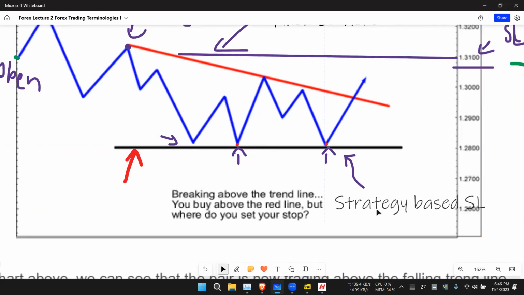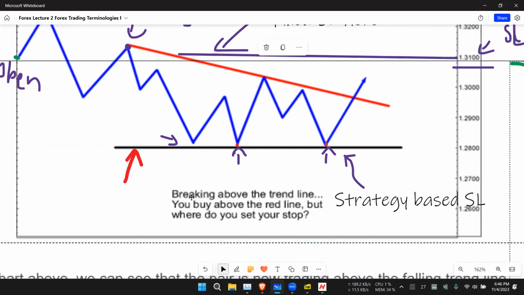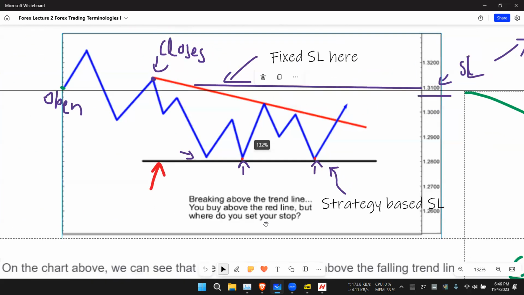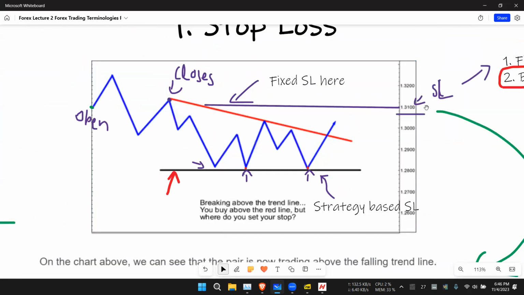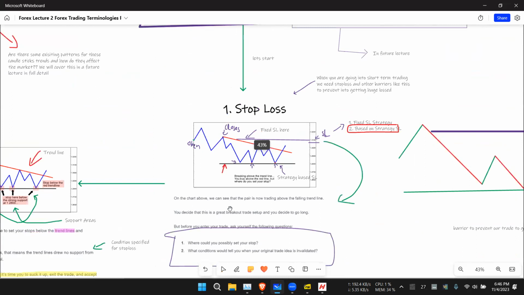Then we use a strategy-based stop loss. You can see here, breaking above the trend line, you buy above the trend line, but where do you get your stop? We want some kind of patterns, some kind of checks that help us identify when to stop and when to start trading, right?